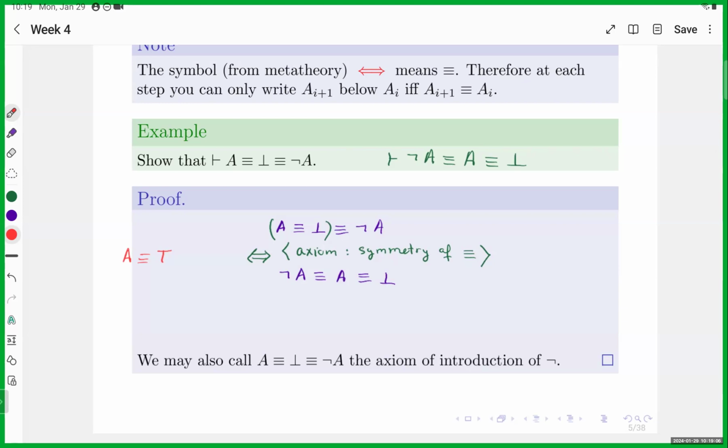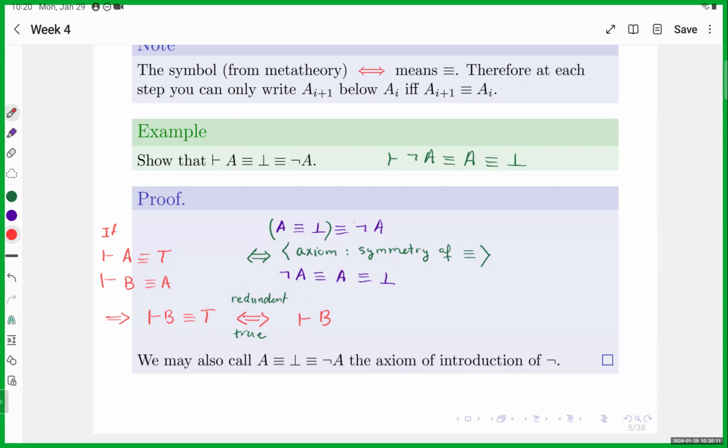And now if I show that I have another formula, B, which is also equivalent to A, then again, by using the transitivity of implication, I can conclude that B is equivalent to top, which by redundant true is the same as proving B. Right?